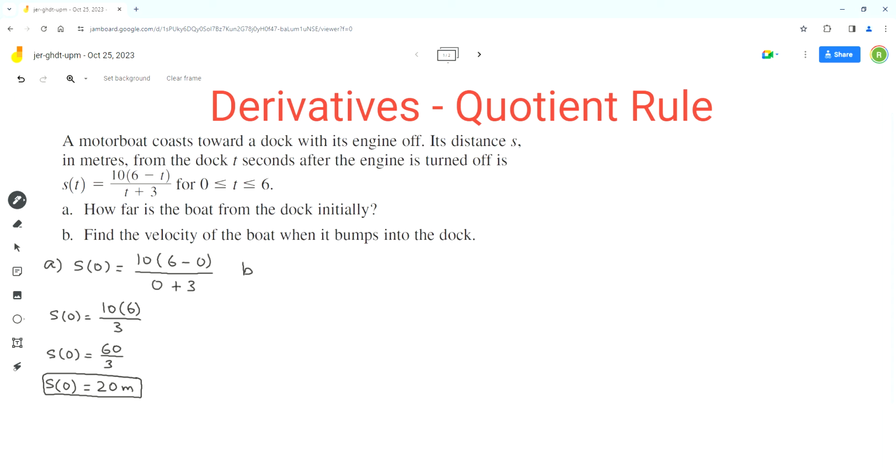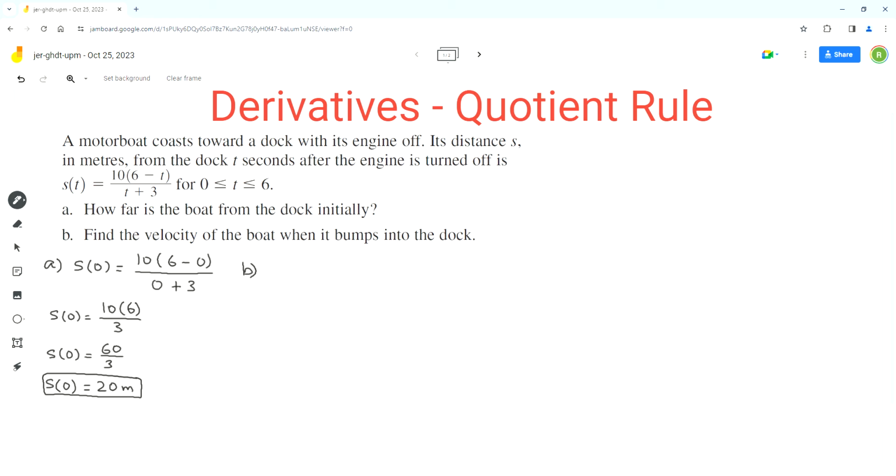Now in part B, we have to find the velocity of the boat when it bumps into the dock. Now the boat will bump into the dock at t equals 6 seconds because that's the upper end of the domain. Now we are given the distance function, and we know the velocity function is the derivative of the position or distance function.